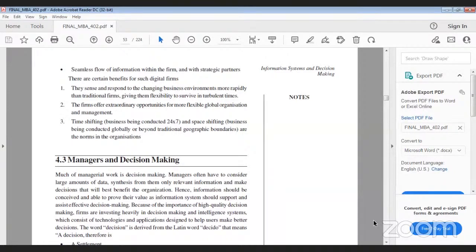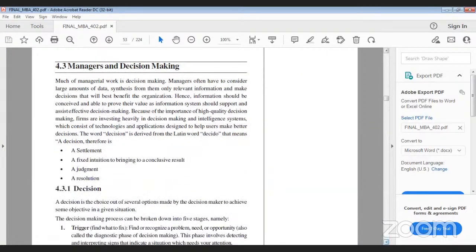The word decision is derived from the Latin word, which means a decision therefore is a settlement, a fixed conclusion, a judgment and resolution. A decision is the choice out of several options made by the decision maker to achieve some objective in a given situation.